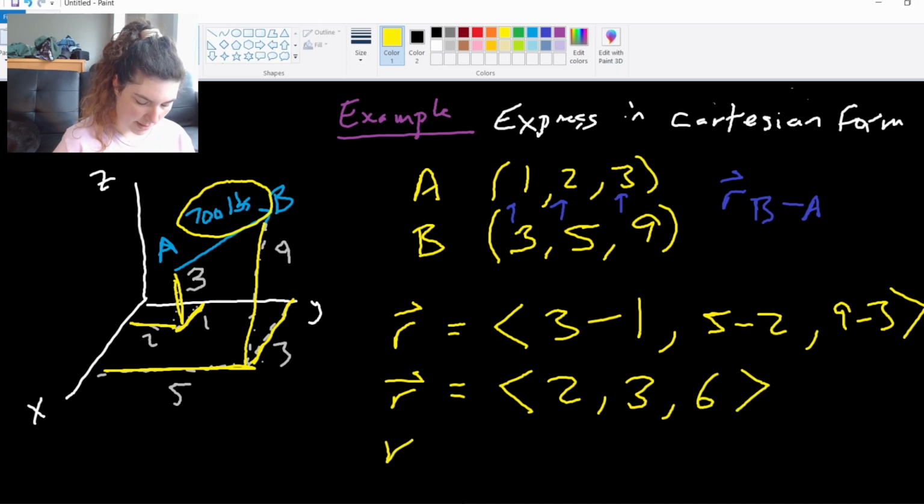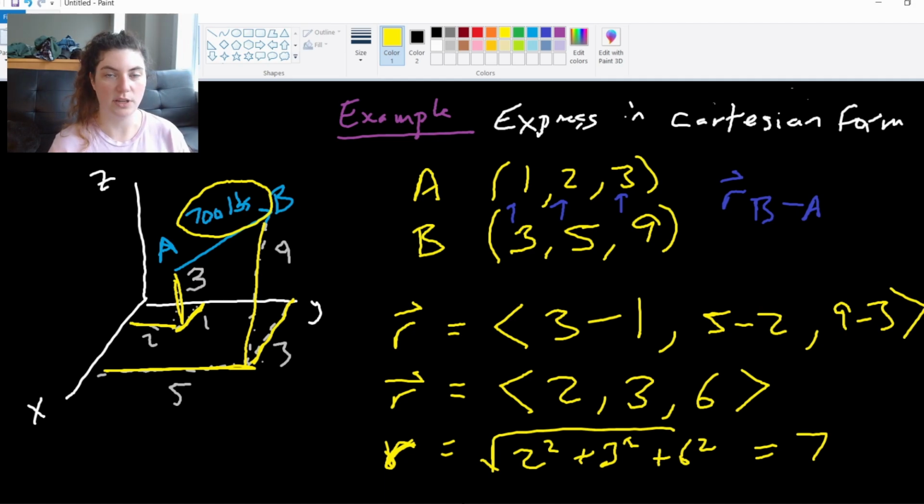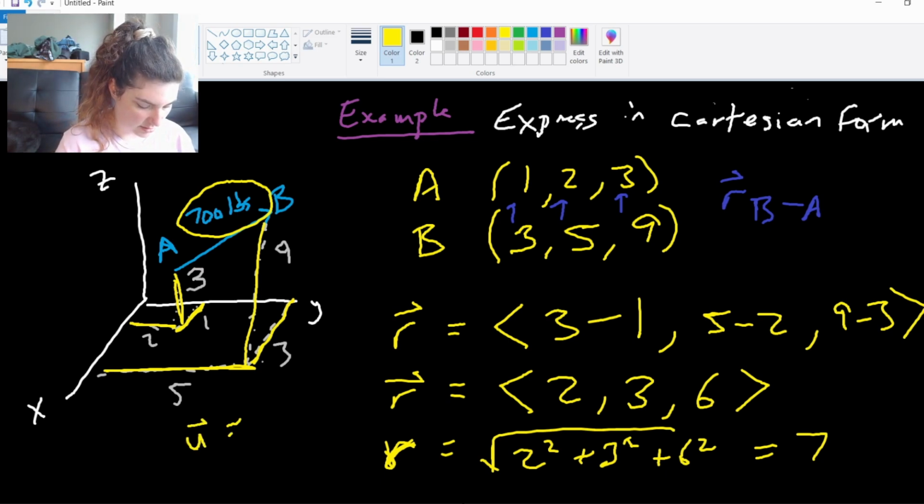Now we can also find the magnitude of this r vector. R is going to be the square root of 2 squared plus 3 squared plus 6 squared, which gives us a magnitude of 7 when we punch that in the calculator. So now that we know the r vector and the r magnitude, we can find the unit vector, because our definition of a unit vector is the vector over the magnitude of the vector.